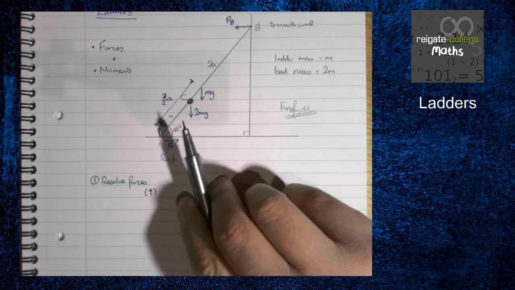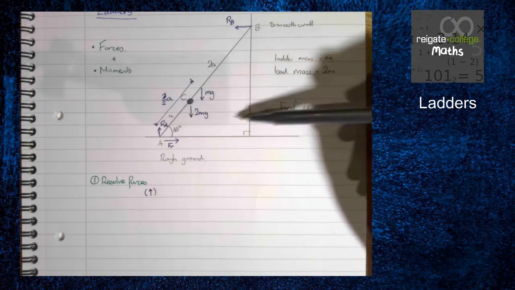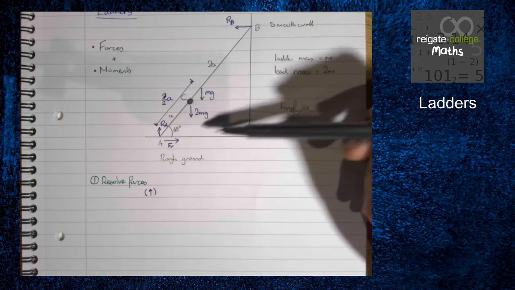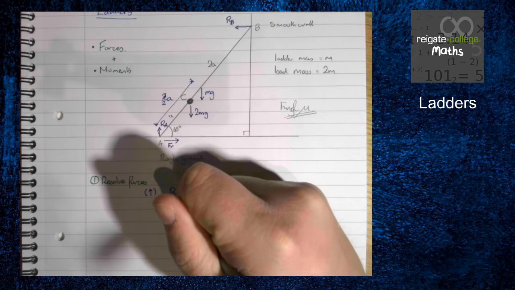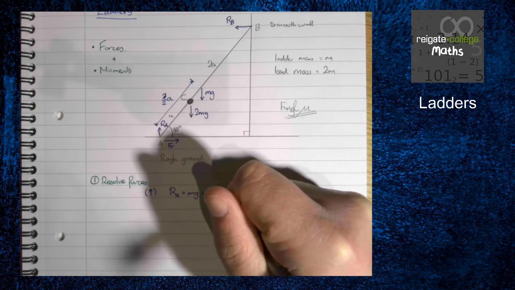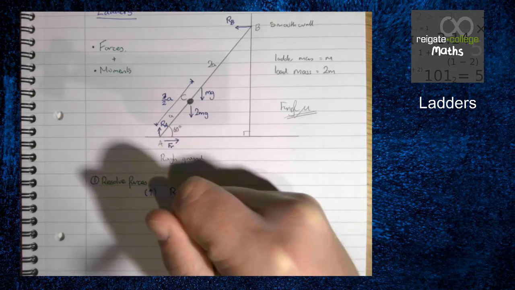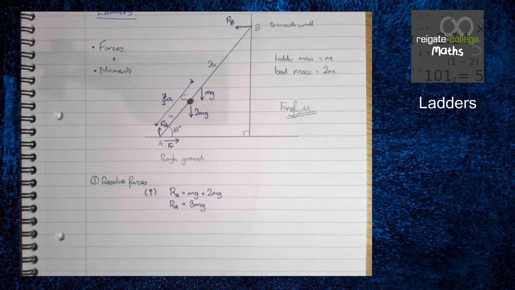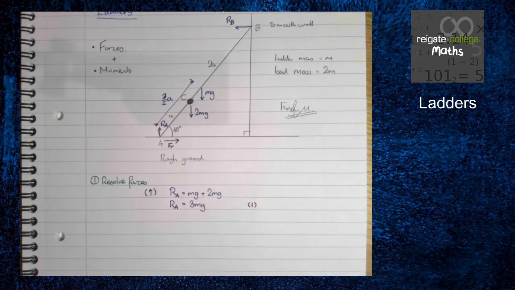If we resolve forces vertically, we have RA is the only force going up, and we have 3mg going down. So we know the reaction force at A is mg plus 2mg, so 3mg. Just for now, I'm going to label that equation 1 so I can refer to it later.